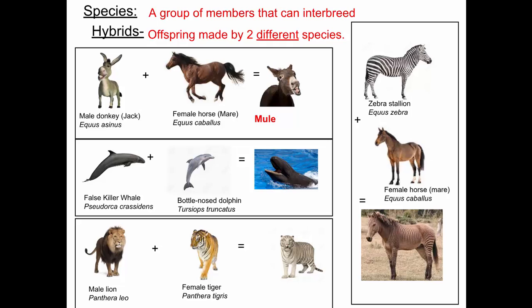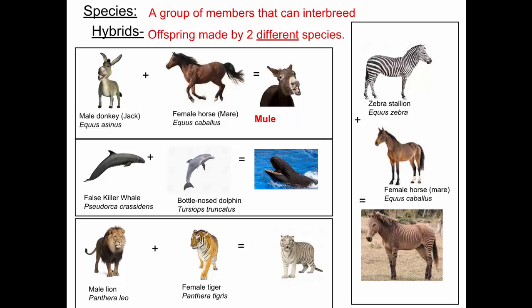Mules have been produced for agricultural purposes. They're strong, they work really hard, but two mules cannot mate and reproduce. Mules are sterile or infertile. So the only way to get another mule is to, again, create a hybrid between a horse and a donkey.